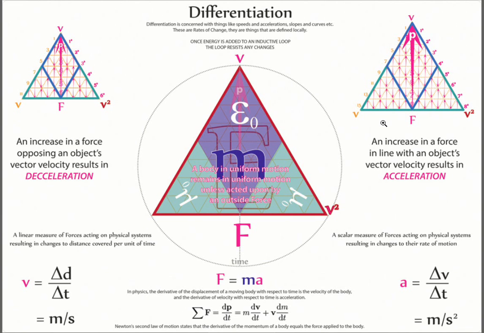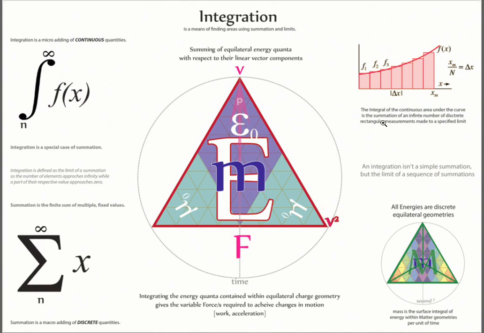And again, as Newton said, if we don't change the energy momenta within the field, or no force is added, a body in uniform motion will remain in uniform motion until an external force acts upon it to add or release bosons, of course. And that follows the exact same formulation of electrical energy in an inductive loop, coincidentally.